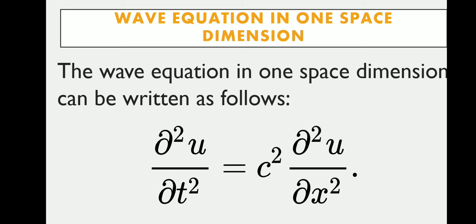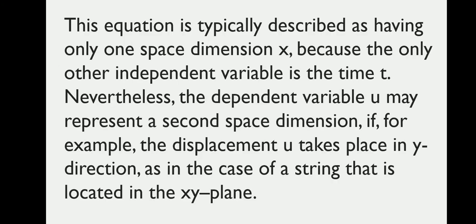Wave equation in one space dimension. The wave equation in one space dimension can be written as follows: ∂²u/∂t² = c² ∂²u/∂x². This equation is typically described as having only one space dimension x, because the only other independent variable is the time t.